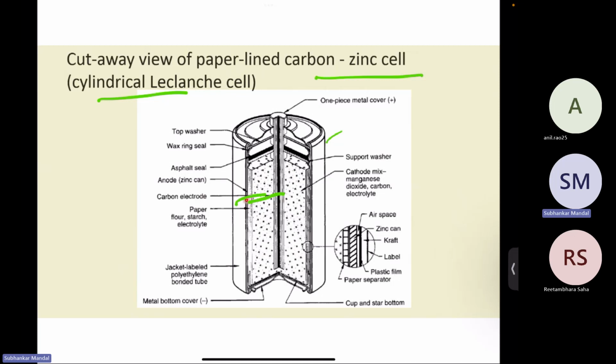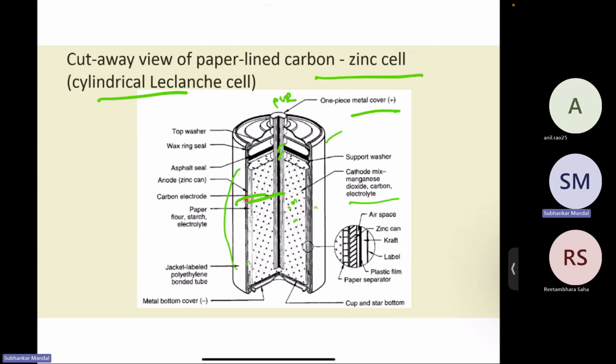So basically you have the zinc jacket. So the zinc can is used as the anode material. This is the rod, that is the positive electrode. And these are manganese dioxide and carbon, and the electrolyte is there inside, which is separated by the zinc jacket.